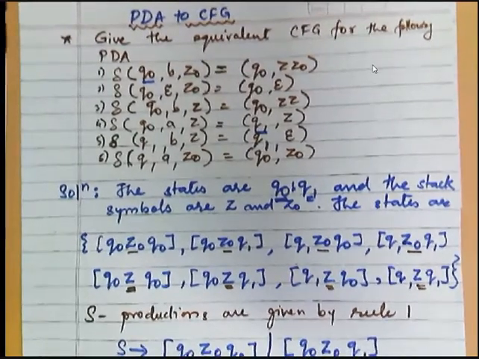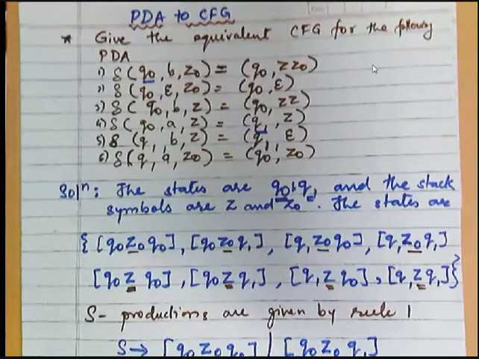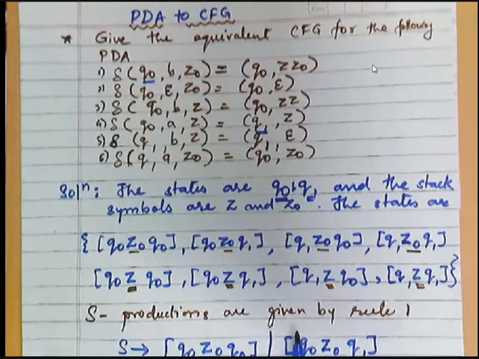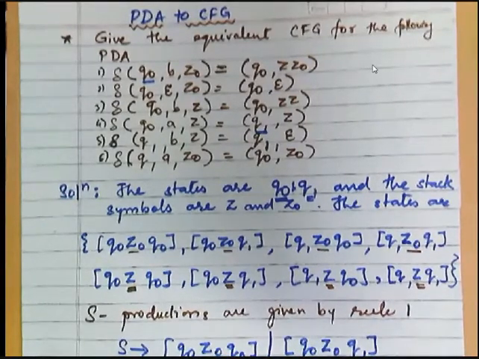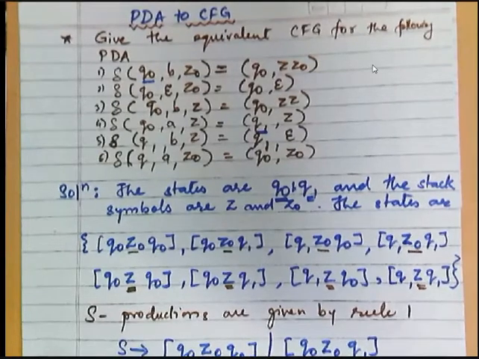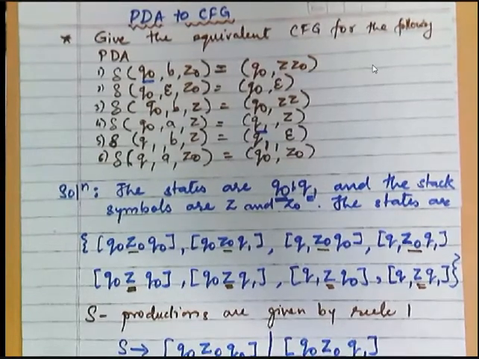Now we will start with the productions. So the very first production is given by the rule. What will be the rule? Just note it down.